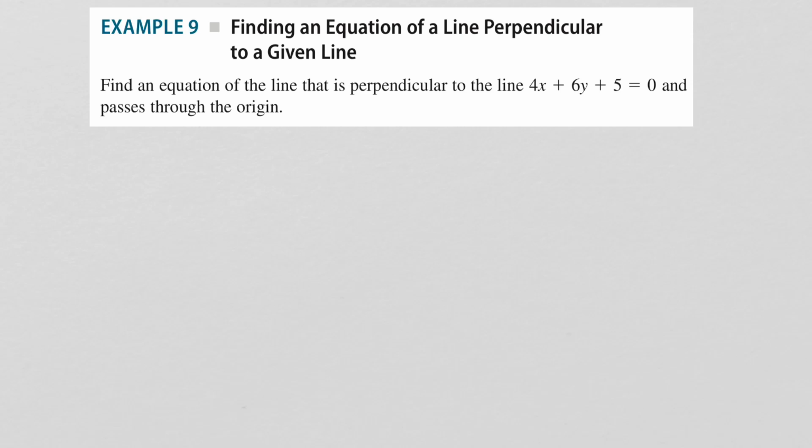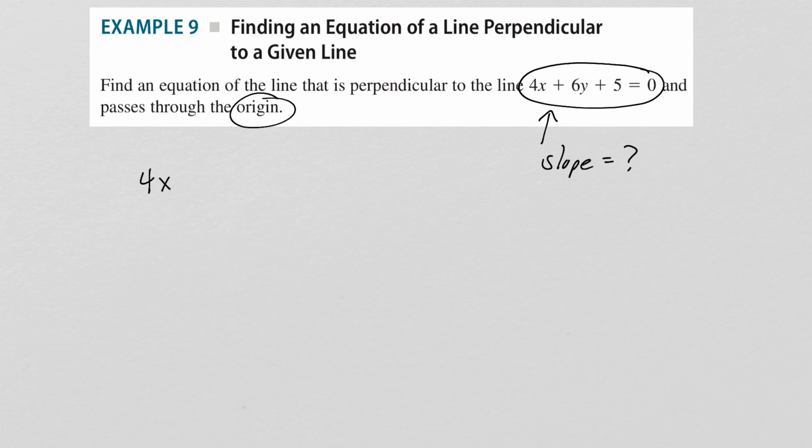Next, let's find the equation of a line perpendicular to a given line. So we want to find an equation of a line that is perpendicular to this line and passes through the origin. Okay, so first thing we need to do is find the slope of the given line. So 4x plus 6y plus 5 equals 0. We're going to solve for y here.